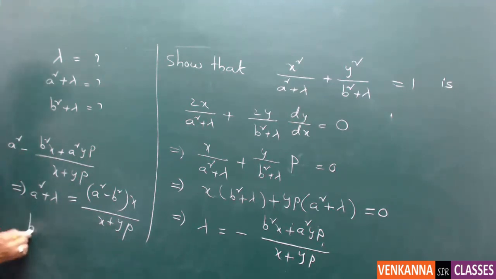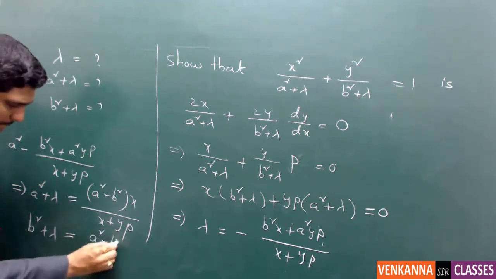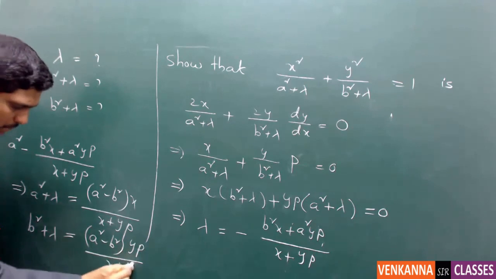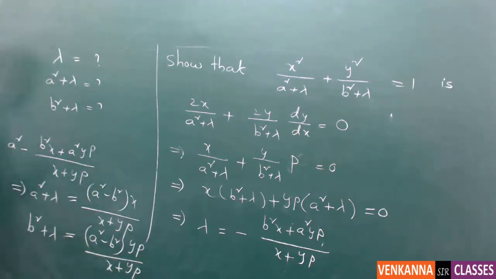Similarly, b square plus lambda is also equal to a square minus b square into yp by x plus yp. Please check. Accepted?